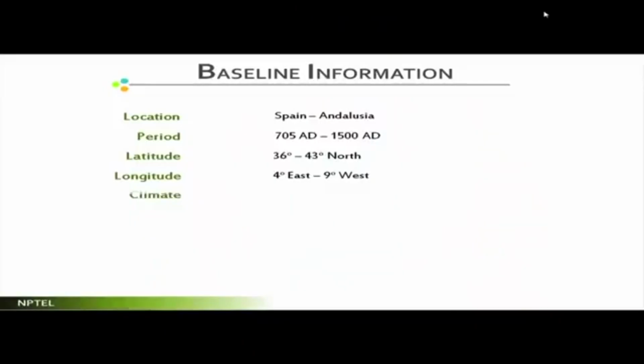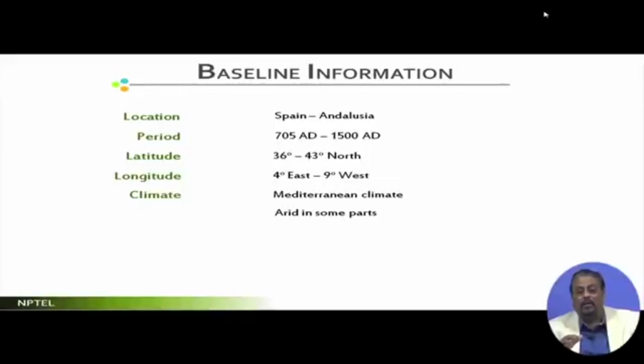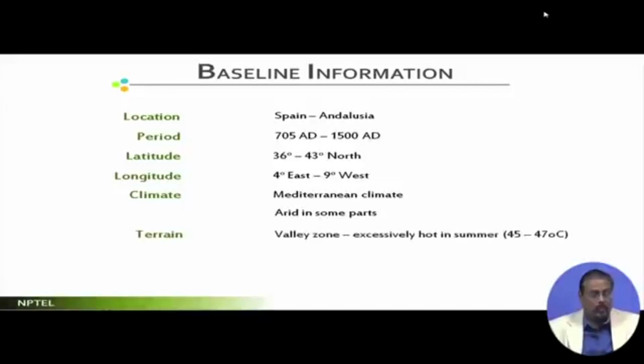That's how it is. The climate is Mediterranean in general, and it is also arid in some parts. This makes it very interesting, that in some parts it's very warm, very hot, very dry, and in some parts it is Mediterranean climate. The terrain: we have valley zones, excessively hot in summer, going up to 45 to 47 degrees Celsius.